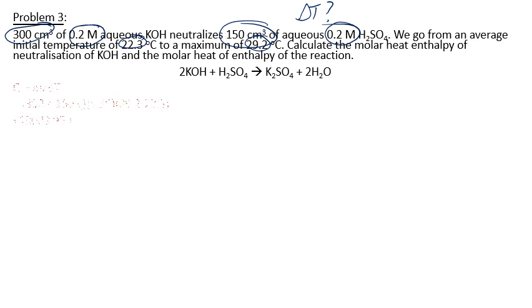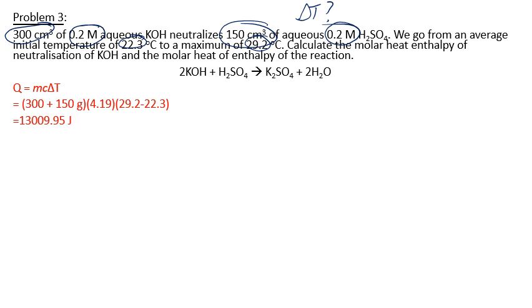Right, so this is what you should have got. So Q equals MC delta T is the equation you should have chosen. You basically bang in the numbers, and again we're looking at the mass due to the density of water being 1 gram per centimeters cubed as being 300 plus 150 from the two solutions being added, times 4.19, which is given in your data book, multiplied by the change in temperature, which we get from the question.